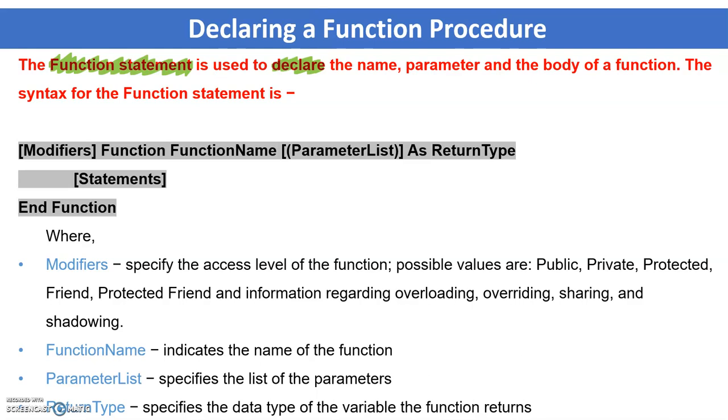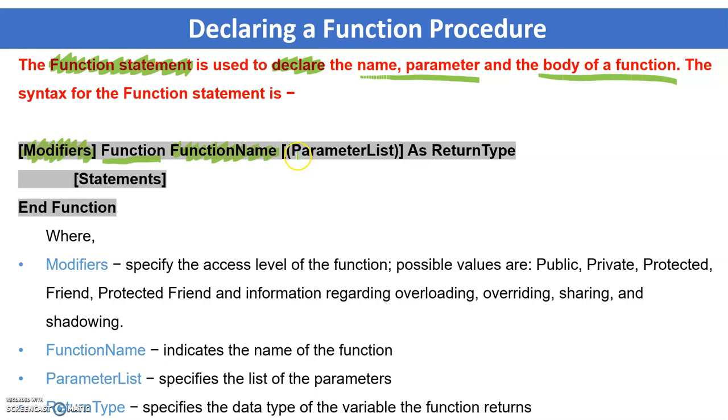To declare we need some parameters like the name, parameters, and the body of the function. And how to declare it? So here we have the syntax. First you need to write the modifiers, then Function is a keyword, then the name of the function.